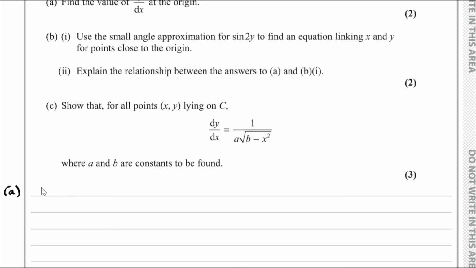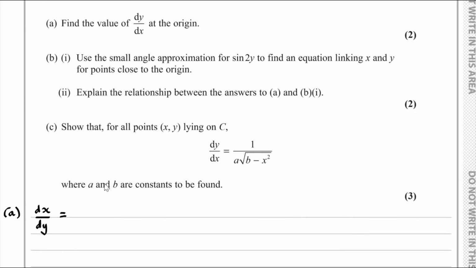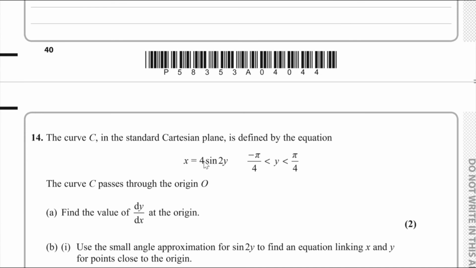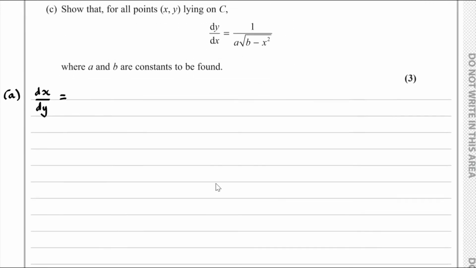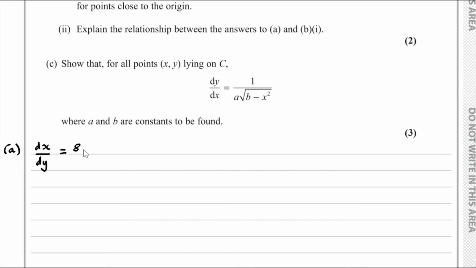So dx over dy, via the chain rule, will be 8 cos 2y. So we have 8 times the cosine of 2y, and therefore dy over dx via the chain rule is equal to 1 over dx over dy.